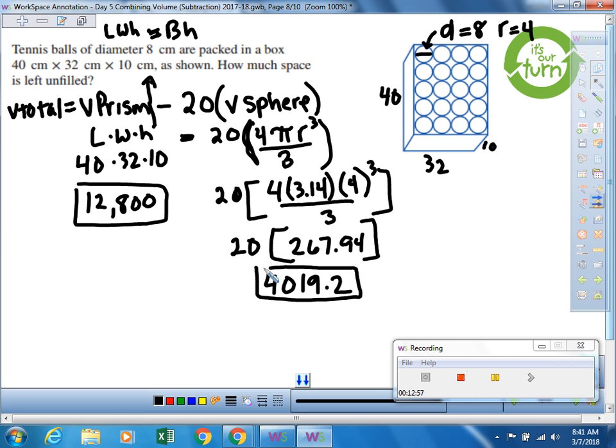Yes, can someone verify that? Okay. So 12,800 minus, are you sure that's right? I don't know. Let's see. 4 times 3.14 times 4 cubed divided by 3. 267.94.